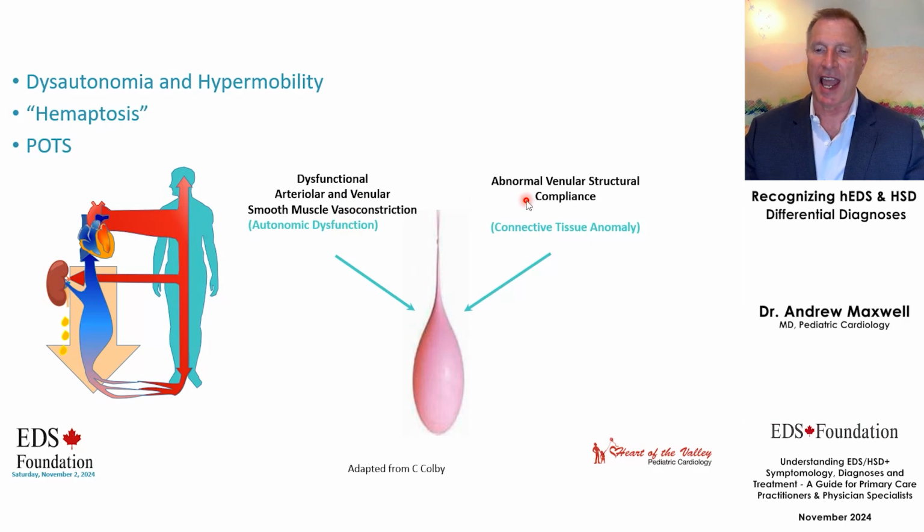And the second is actual compliance issue of the connective tissue, the veins. Okay, so that increased compliance and dysfunctional autonomic nervous system cause the blood volume to sag. And every patient has some contribution of those two entities making up their POTS-like situation.